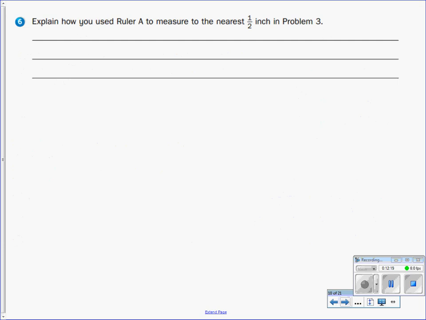So how could I explain how to use ruler A to measure to the nearest 1/2 inch?